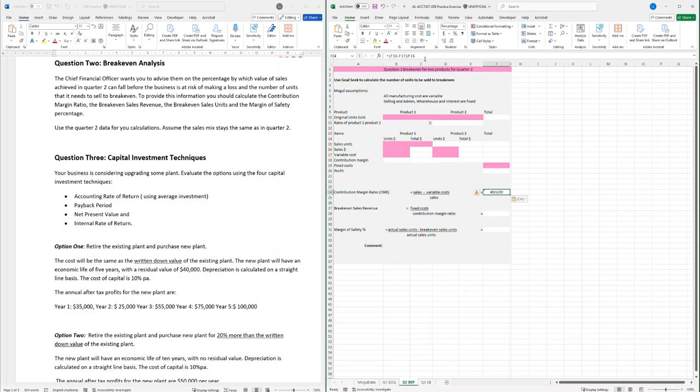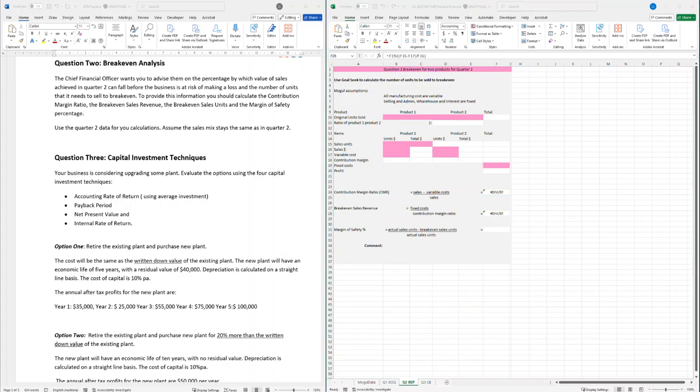You won't have the numbers here, but you will see the formula would be your sales total minus your variable cost, divided by your sales. That's your formula. So first thing first, let's put in your formula so we know where we are heading.